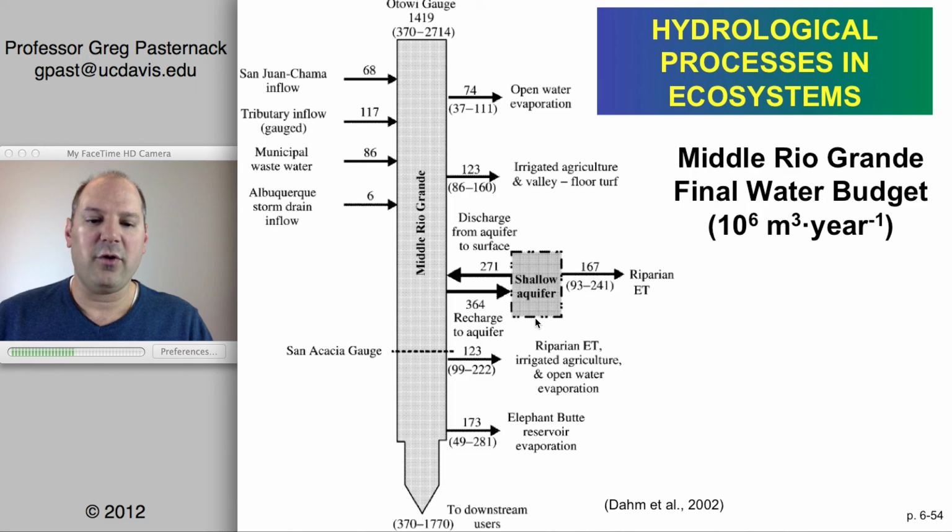Of that shallow aquifer, riparian species are then sucking up a substantial amount of water, more than the net exchange that's there for riparian ET. And then downstream of the Santa Acacia gauge, we see a substantial amount of a combination of riparian ET, agriculture, and open water evaporation. And then the reservoir at the end here also has as much evaporation as any of those.